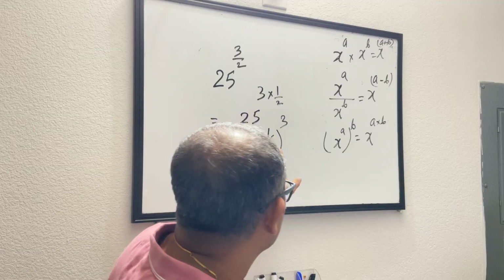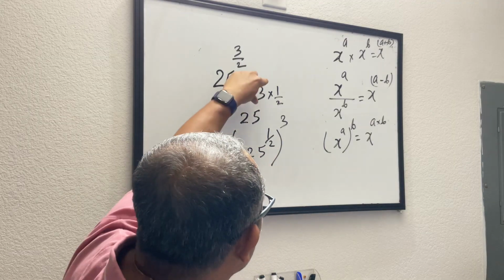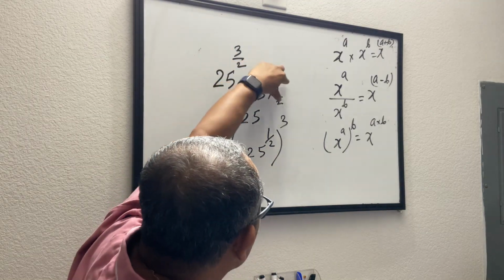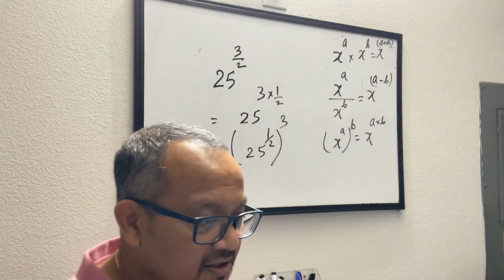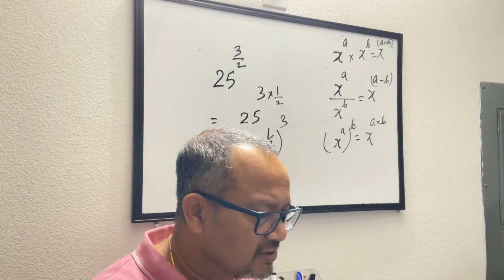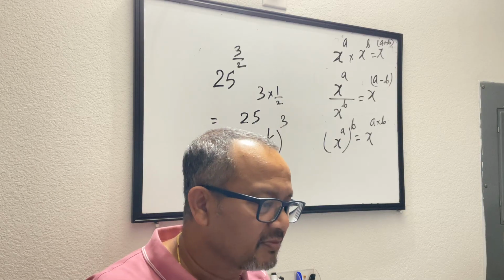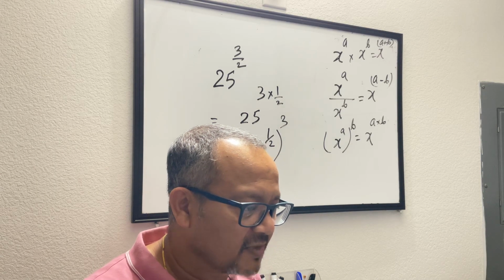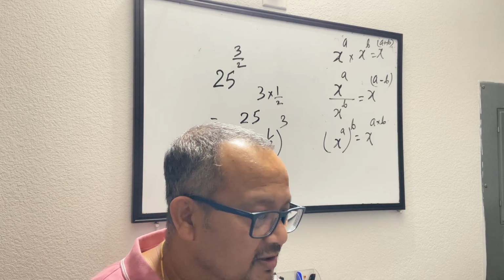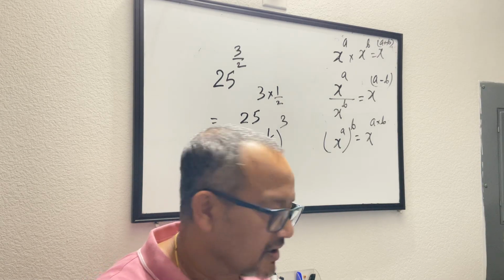Third rule of exponent. 3 by 2 I can write as 3 into 1 by 2, and I am putting 1 by 2 here in parenthesis and outside 3. Is that looking okay to you guys, or am I missing something? Sanvita, Anika, it's fine. It's good, okay?